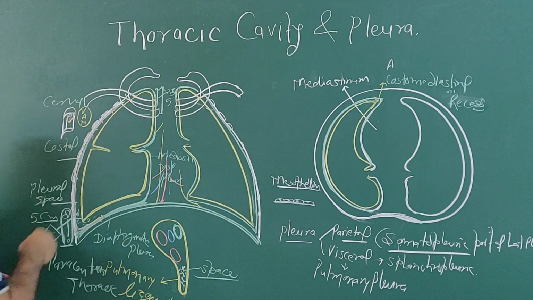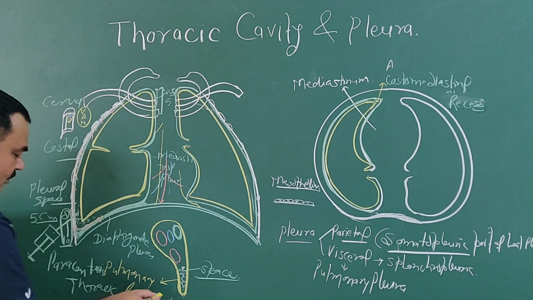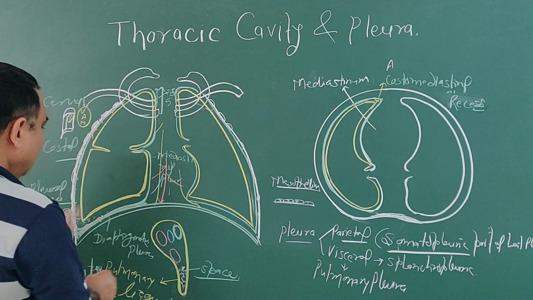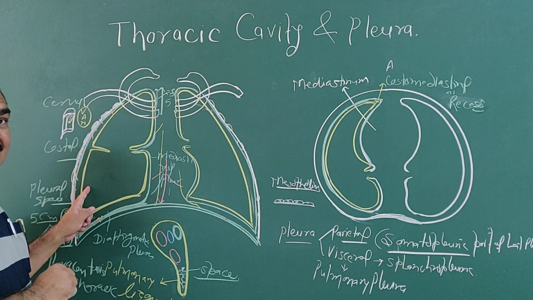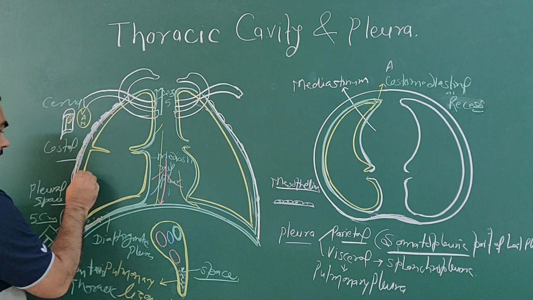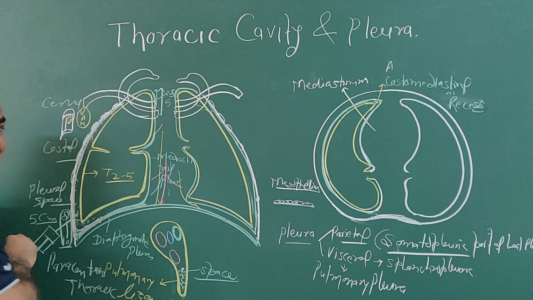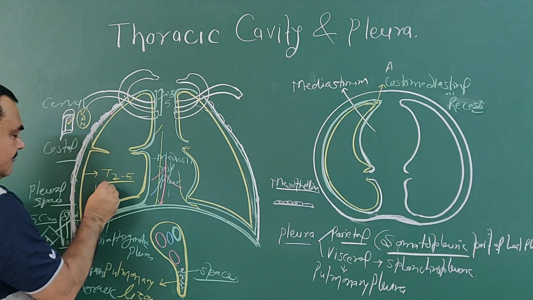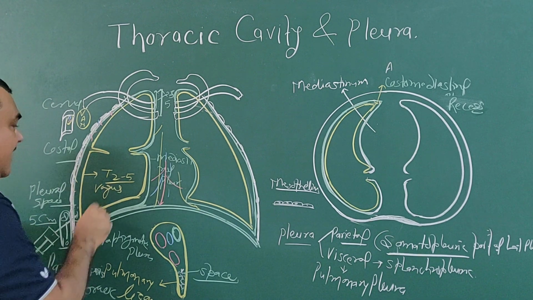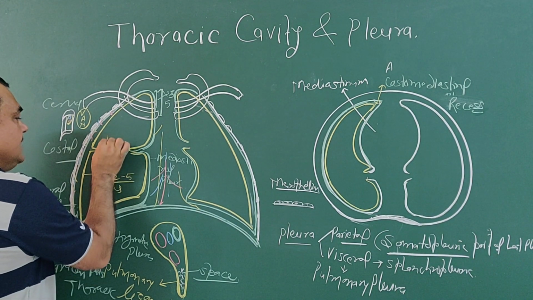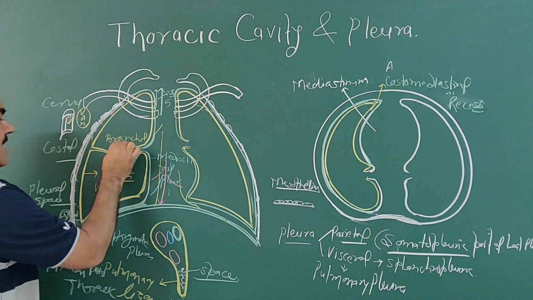Now this visceral layer is known as pulmonary pleura. Its nerve supply is autonomic nerve from T2 to T5 sympathetic and parasympathetic vagus. Arterial supply is through the branches of the bronchial artery.